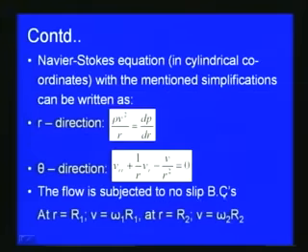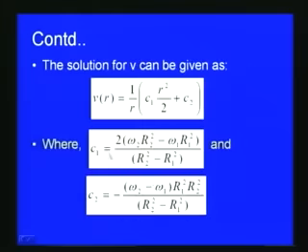We can use these boundary conditions to get the constants C1 and C2. C1 = 2(ω2 r2² − ω1 r1²)/(r2² − r1²), and C2 = −(ω2 − ω1) r1² r2²/(r2² − r1²).